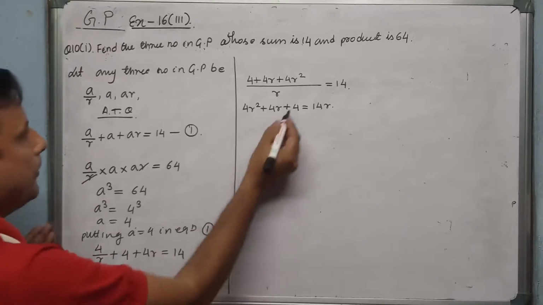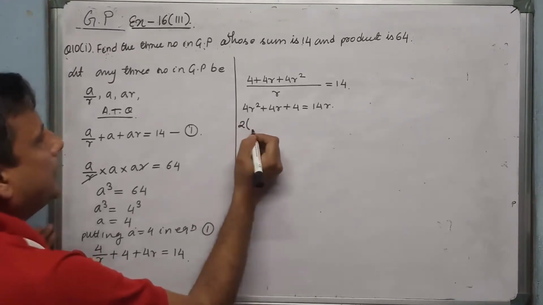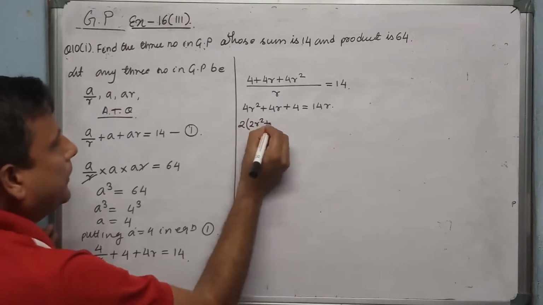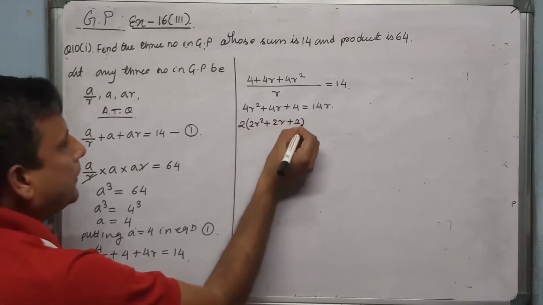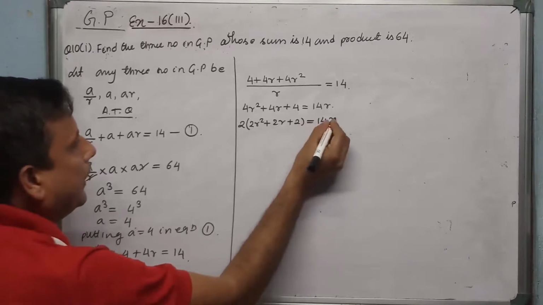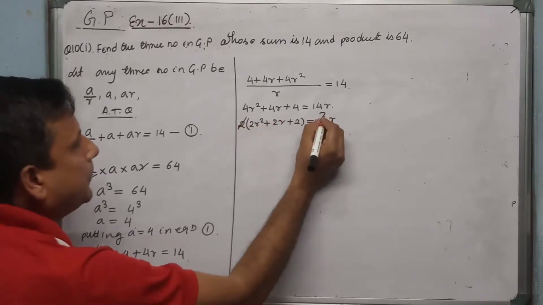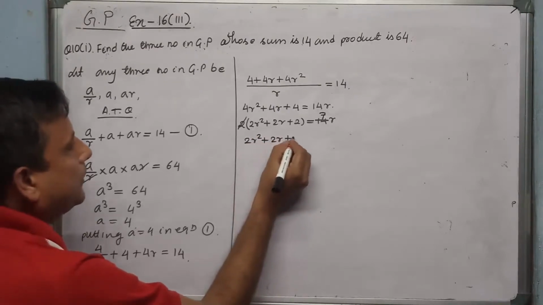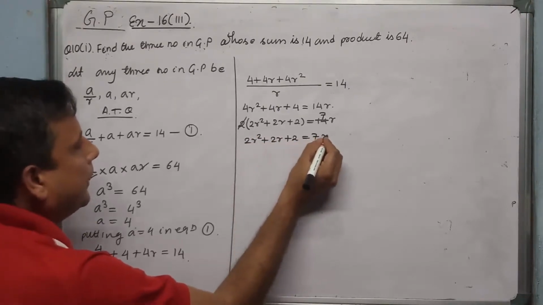Now we can take 2 common from this, so that we can cancel. 2R squared plus 2R plus 2 is equal to 14R. 2 sevens are 14, so 2R squared plus 2R plus 2 is equal to 7R.